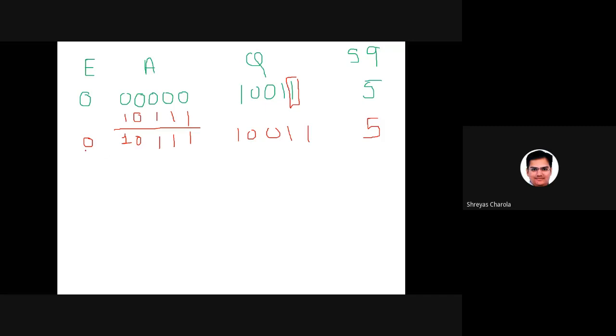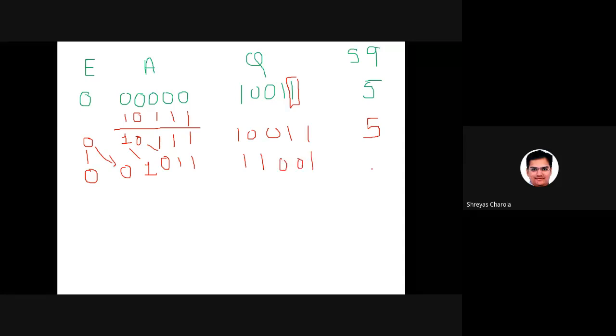After doing the addition, I will do the shift. Okay, that means this 0 as it is, this 0 will be shifted here, this will be shifted here, this will be shifted here, 11001, and then the sequence counter will be reduced by 1 after shifting only.